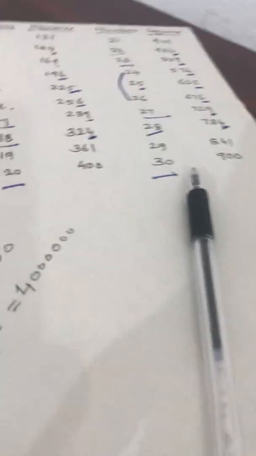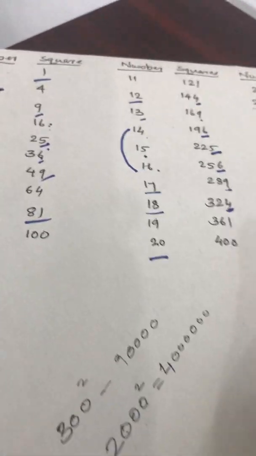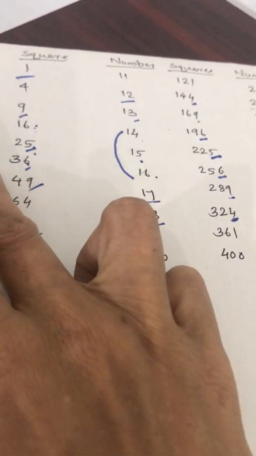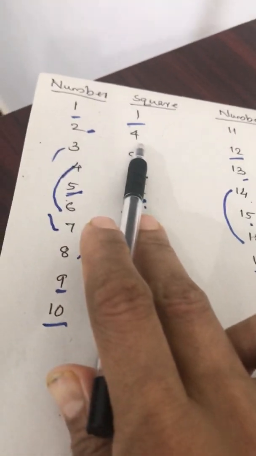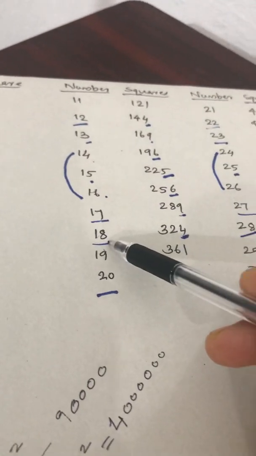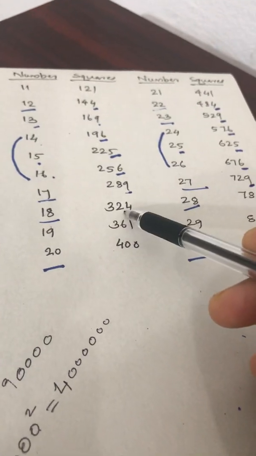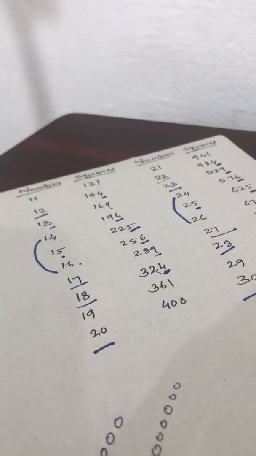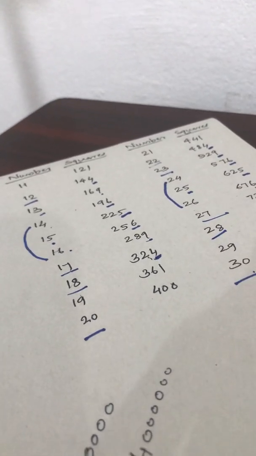And some other properties also. The squares of even numbers will always be even. You look at 2, which is even, so its square number also. 4 also even. Any even number you take, 18, it is even, and its square number 324 is also even. So what we can say, squares of even numbers will be even, and squares of odd numbers will be odd.